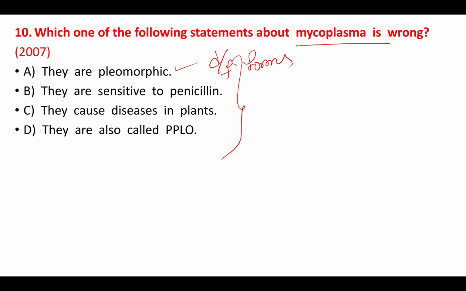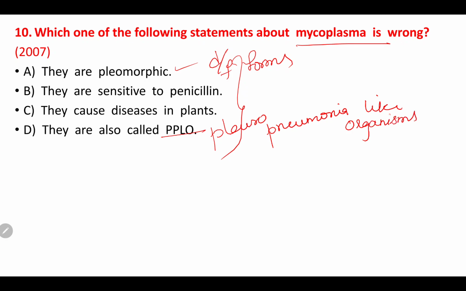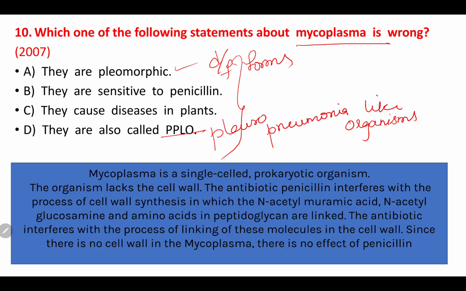They are also called PPLO, that means pneumonia-like organisms. See, mycoplasma is a single-celled prokaryotic organism, and these organisms lack a cell wall. Here the wrong statement is option B.